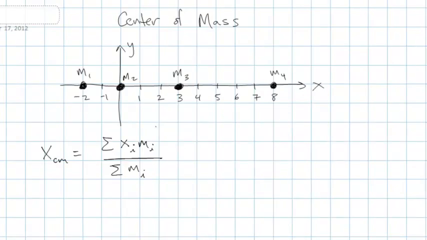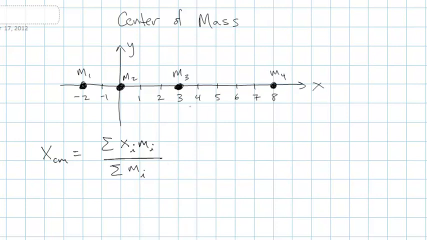Here's our formula for determining the center of mass of point masses. When you have a solid object, these summations turn into integrals. But right now I'm going to focus on point masses. We're going to add up all of the masses multiplied by their locations, and we're going to divide by the total mass.